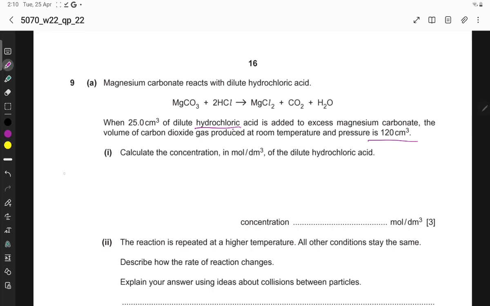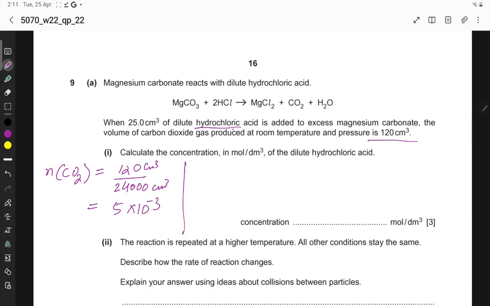Moles of CO2 is equal to 120 divided by 24,000, because this is in cm cube, so we use 24,000 cm cube. The answer is 5 into 10 raised to minus 3.